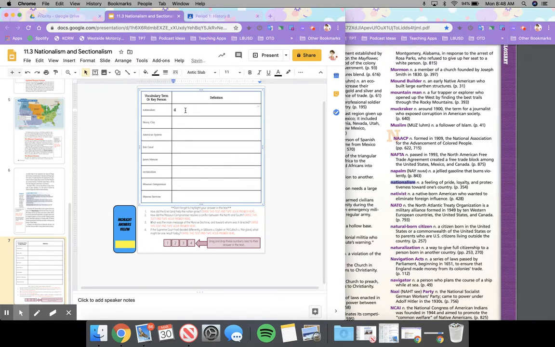So it's a noun, a feeling of pride, loyalty, and protectiveness toward one's country. And then the word can be found on page 354. Okay, and then move on to the next one.